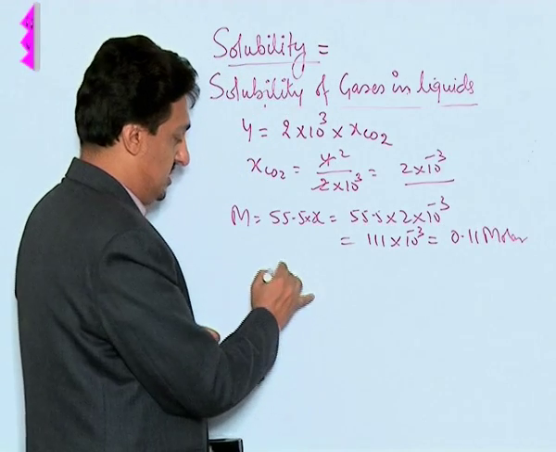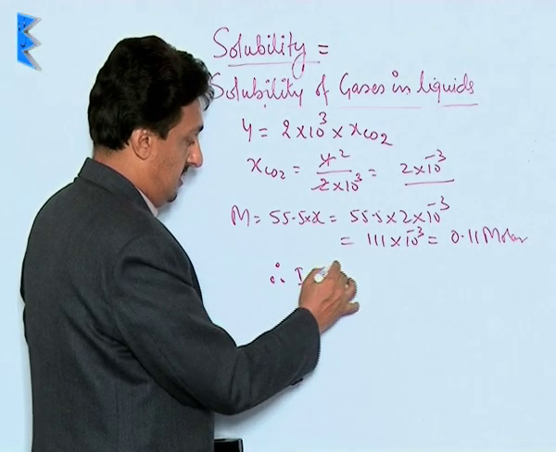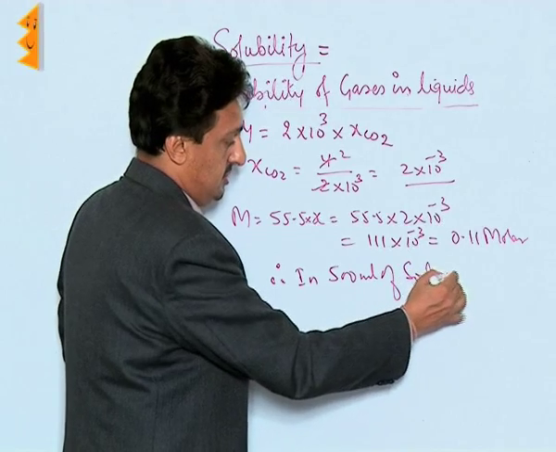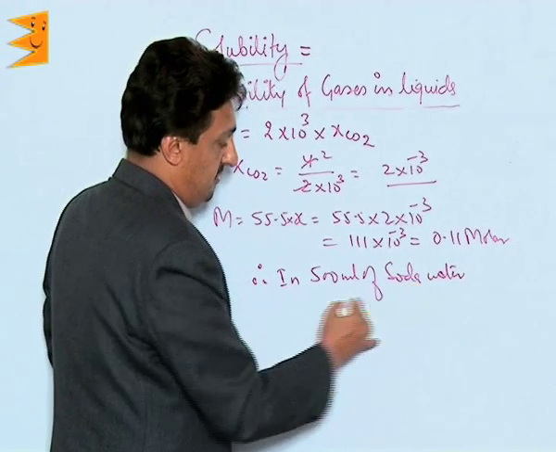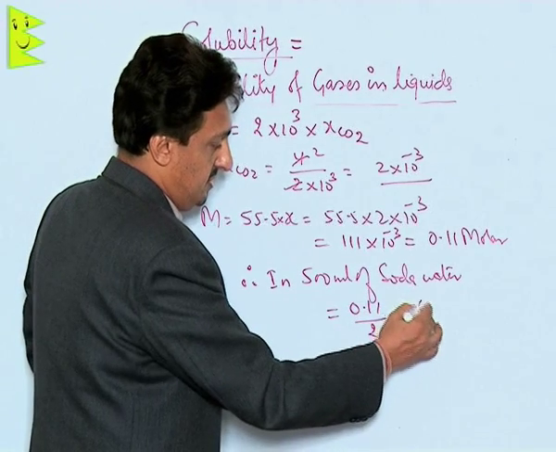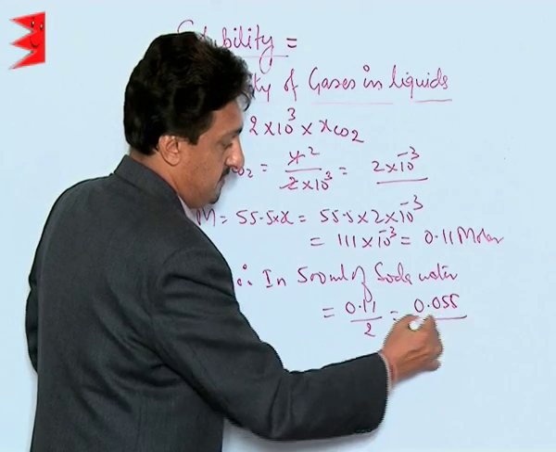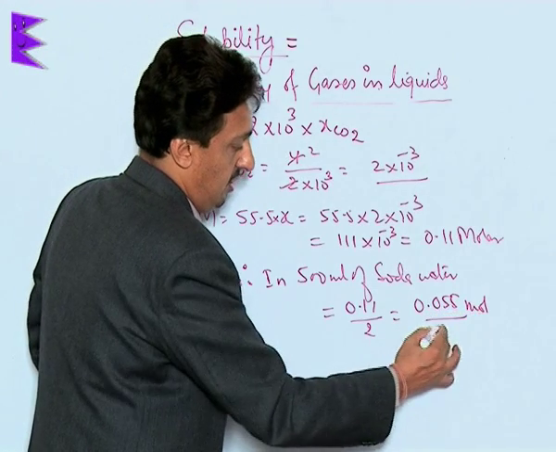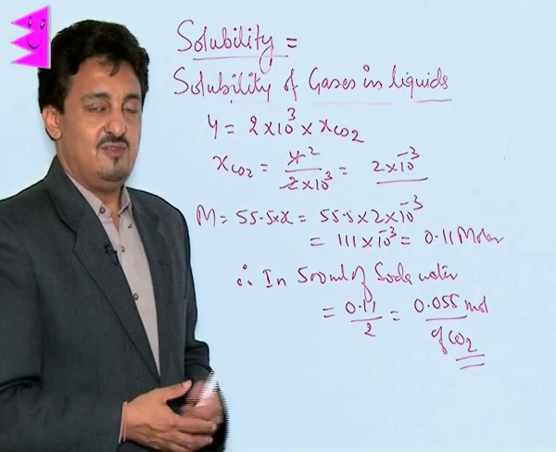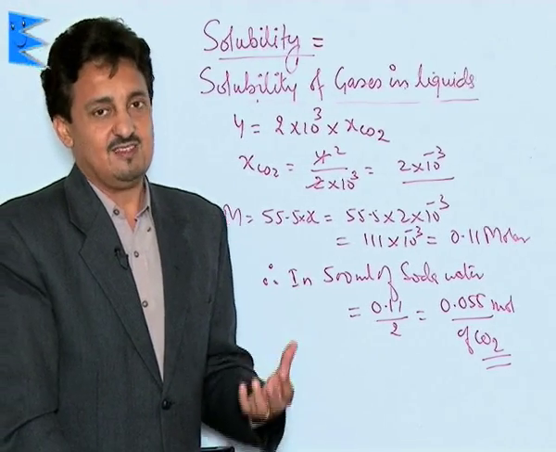So half of this: in 500 ml of the soda water, we will have 0.11 divided by 2, which comes out to be 0.055 moles of CO2 present. So this is how we can find the solubility, or the amount of gases, in these solutions.